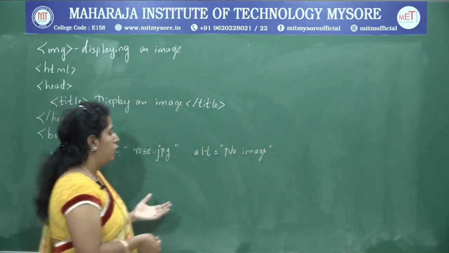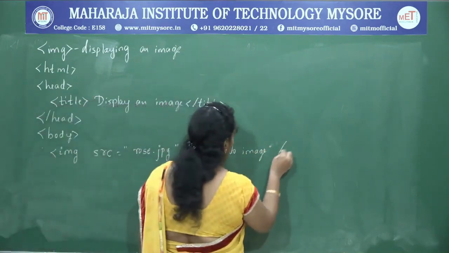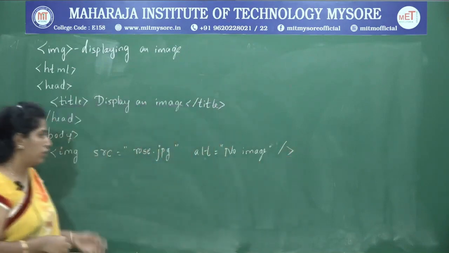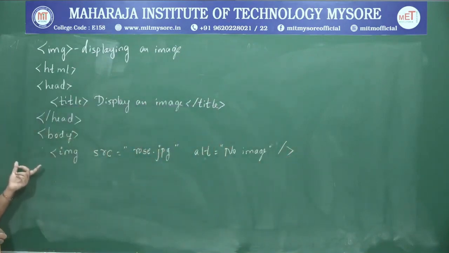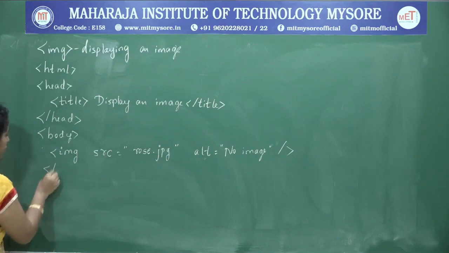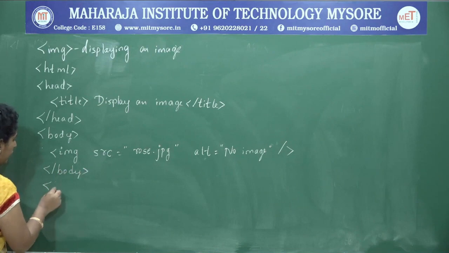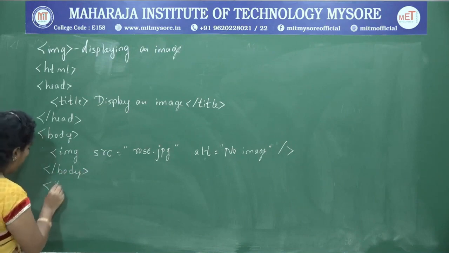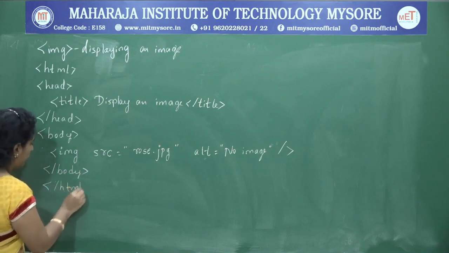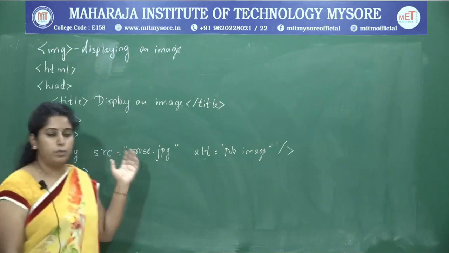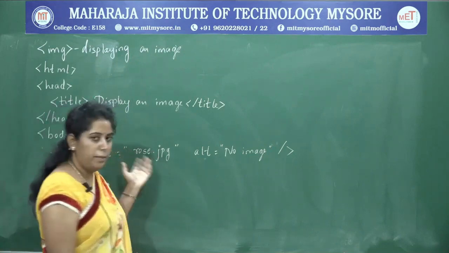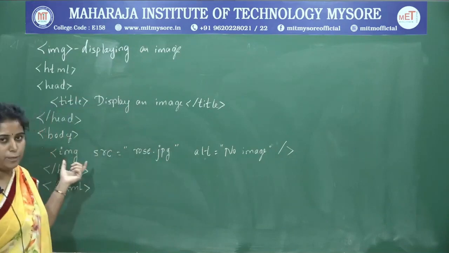And also you have to close the image tag like this. Finally, you can end the body, and also end the HTML. This is one simple program where you are printing an image using this tag.